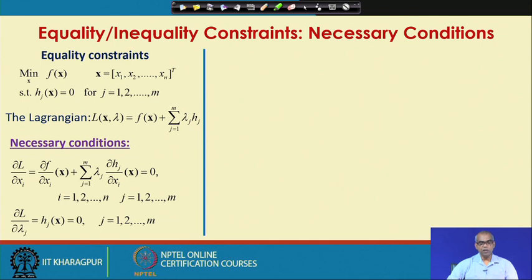After we have formulated the Lagrangian, the necessary conditions are given as del L del x_i equal to 0 and del L del lambda_j equal to 0.